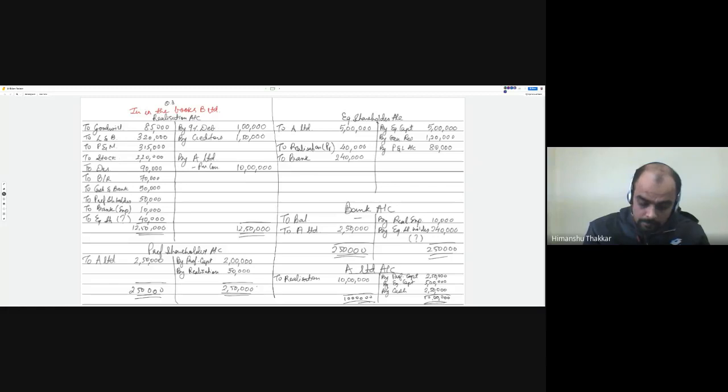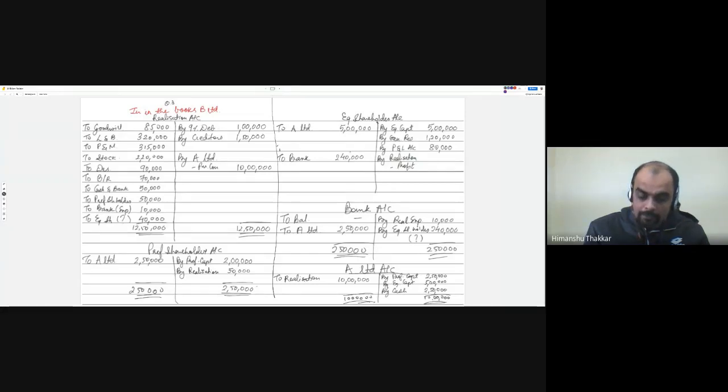By mistake, I've written on the debit side. The profit is to be written on the credit side, by realization profit. So the profit was 40,000.